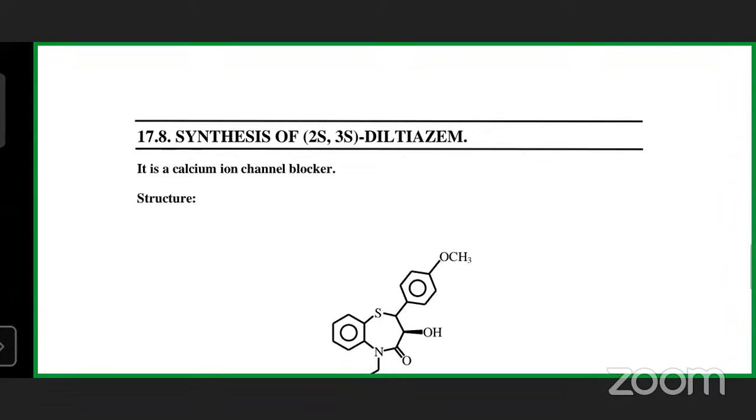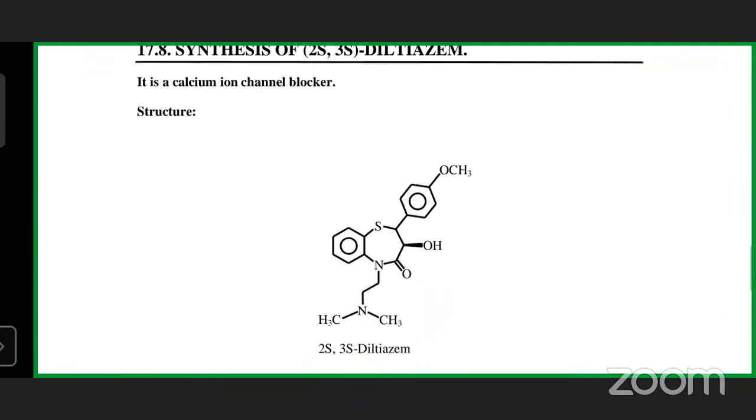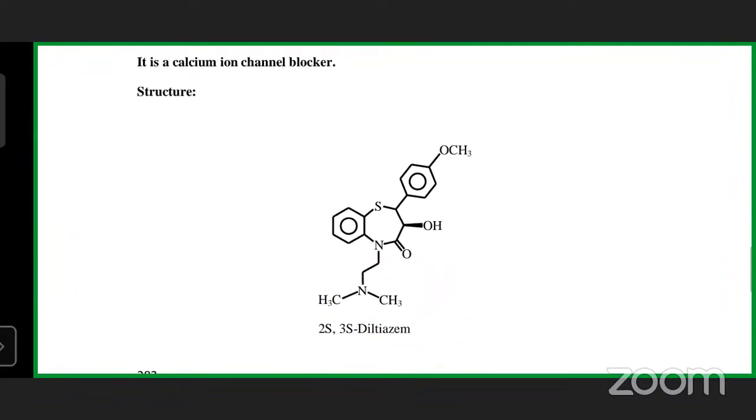So calcium ion channels regulate the smooth muscle contraction and expansion, meaning the blood flow, right? It maintains the BP generally. And this is the diltiazem structure.